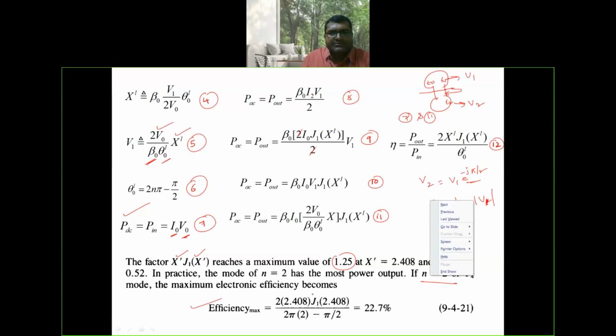By substituting all the maximum values, we get the maximum theoretical efficiency as 22.7 percent, and actually it is around 10 to 20 percent in the practical case.